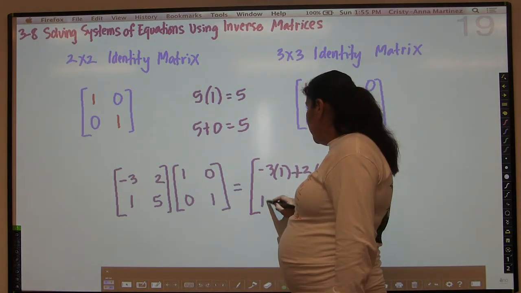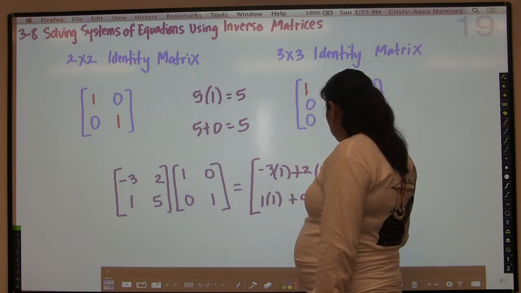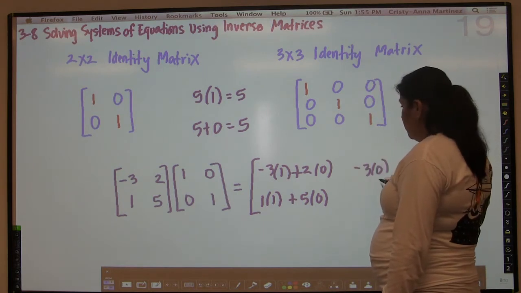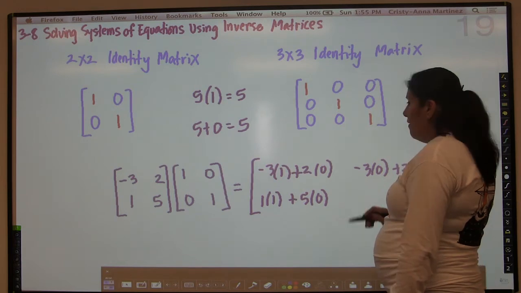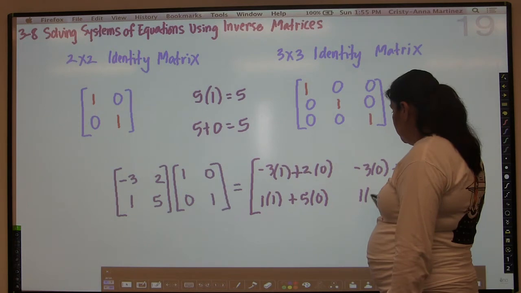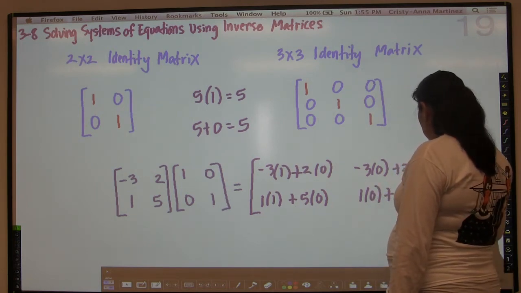So it'll be 1 times 1 plus 5 times 0. And then over here, we're going to get negative 3 times 0 plus 2 times 1. And the very last one is row 2, column 2. So it's going to be 1 times 0 plus 5 times 1. Okay?